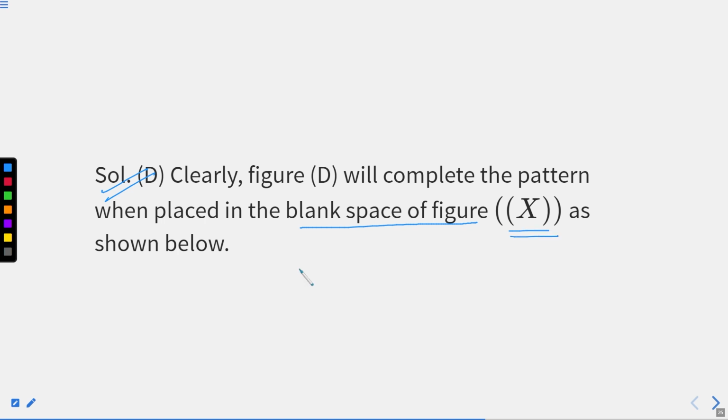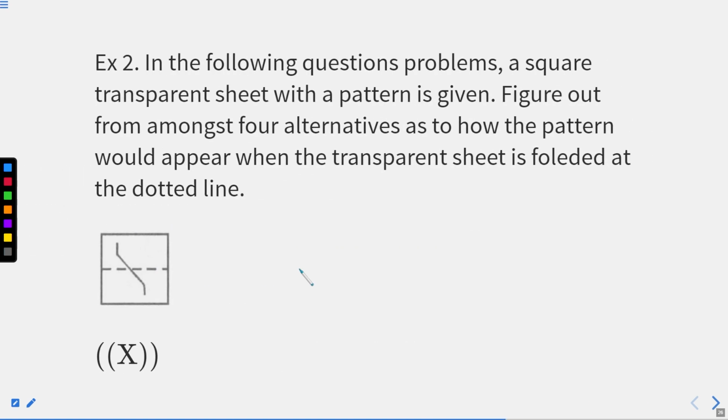Now I am moving to the next question, where we are going to deal with a different kind of question. For that, we will read the question properly, right? In the following problems, a square transparent sheet with a pattern is given. This is a square. We will consider this thing as a transparent sheet with a pattern.